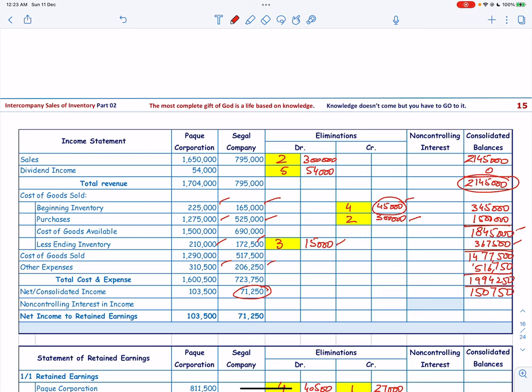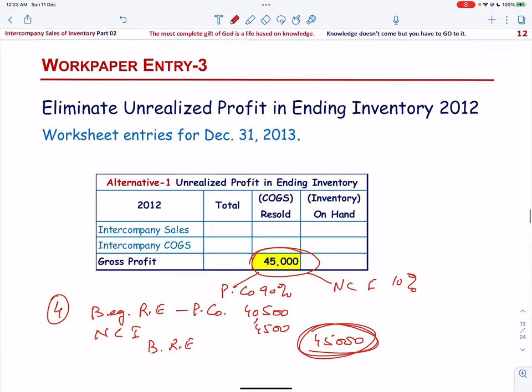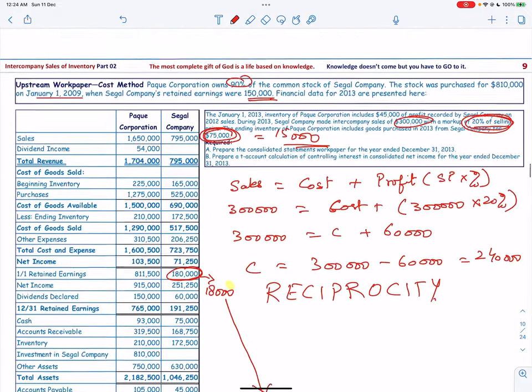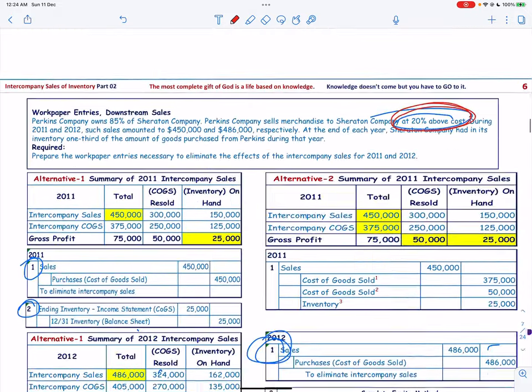So the cost of goods sold decreased by this amount, which also means that net income must increase by this amount. And then the ending inventory was debited by 15,000, and this has to be subtracted. So the cost of goods sold will increase and the profit will decrease.